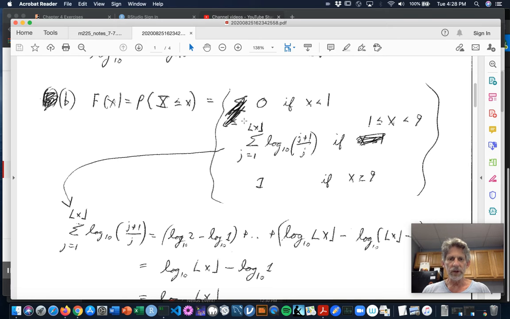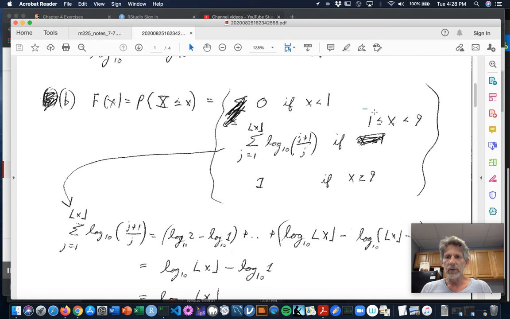Well, what I'm going to focus on is really what's the value of what we call the floor of x. That's two straight bars and then like little floors on the edges around the x. The floor of x is the largest integer that is still less than or equal to x. So like the floor of 8.3 would be 8. The floor of 7.99 would be 7, and so on.